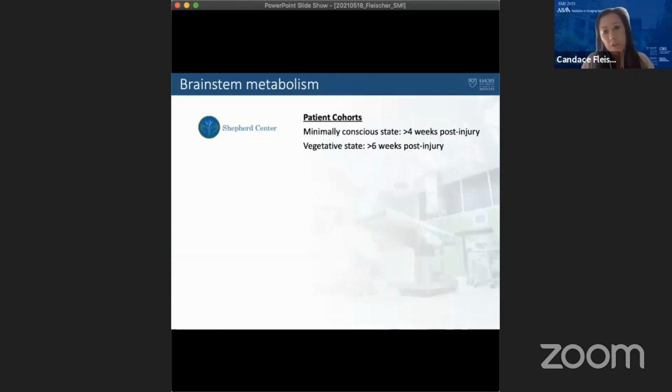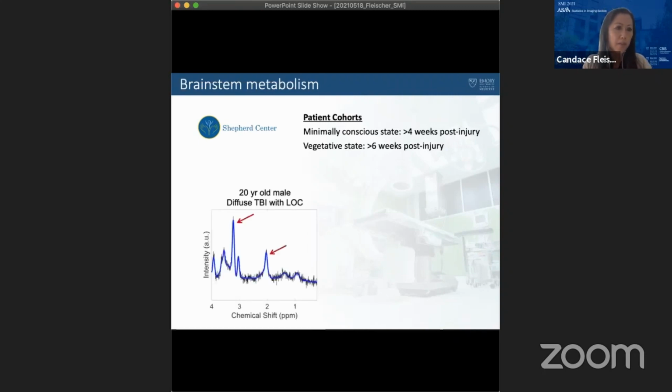If we look at a more severe case, we're currently actively recruiting patients in a study with the Shepherd Center. We're looking at patients who are in a coma, either a minimally conscious state or a vegetative state after traumatic brain injury. And I will say all of these patients so far actually have been due to automobile accidents. I can look at a couple of examples.